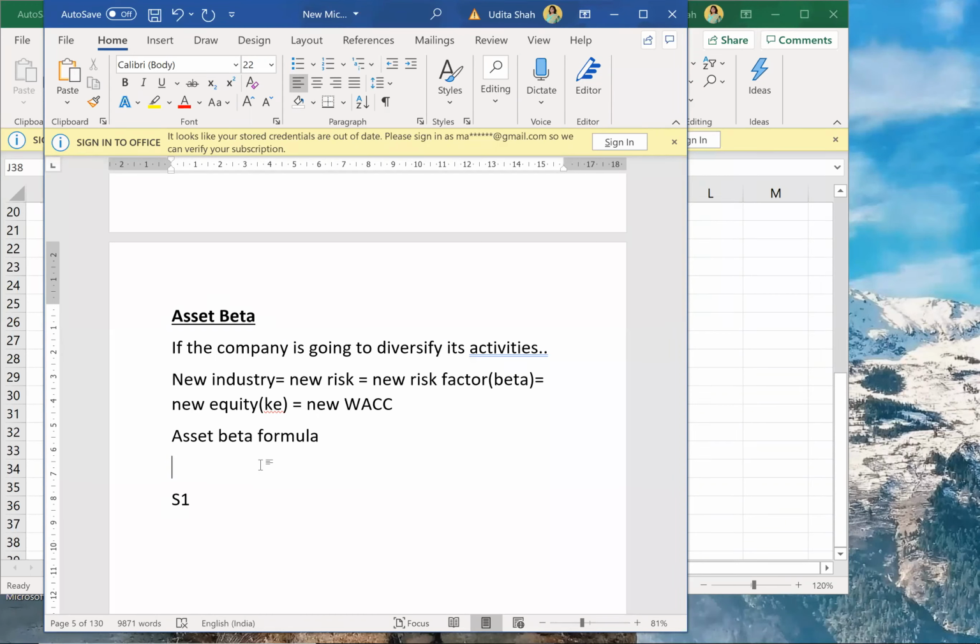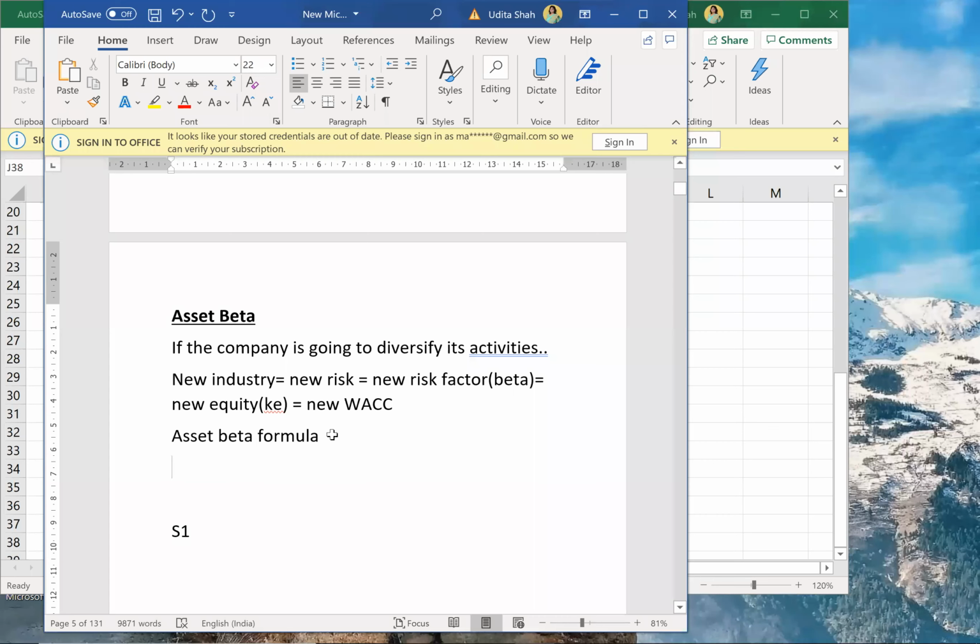Unless it's a legal investment, then they are happy with it. Okay, but equity shareholders will always care where you are investing their money. Expectation of equity shareholders immediately changes as you start to diversify your activity. So that's why if you are diversifying, KE will change, but KD does not change.